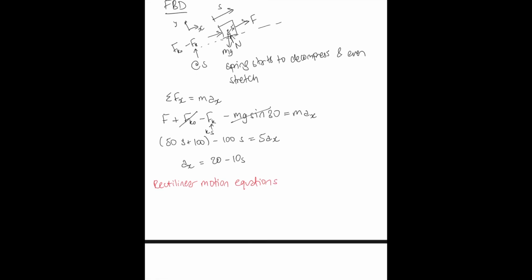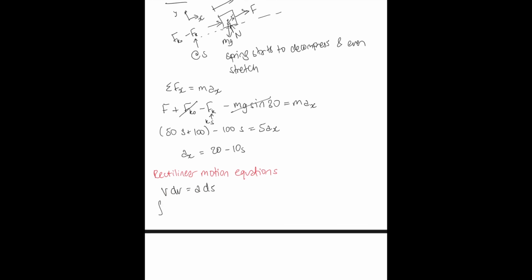Now, if we recall our rectilinear motion equations, we would know that v dv is equal to a ds. So if we integrate that from 0 to v and from 0 to s, we can get v squared over 2.